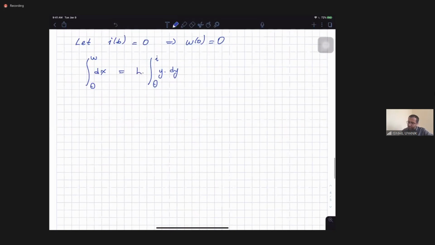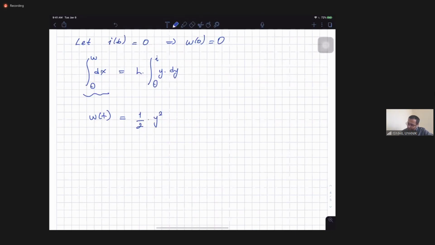What is the integral of dx? It will be just x. So for the left-hand side, I will only have omega of t, right? So what is the integral of y dy? Y squared over 2. So that will be 1 over 2 times y squared, right?